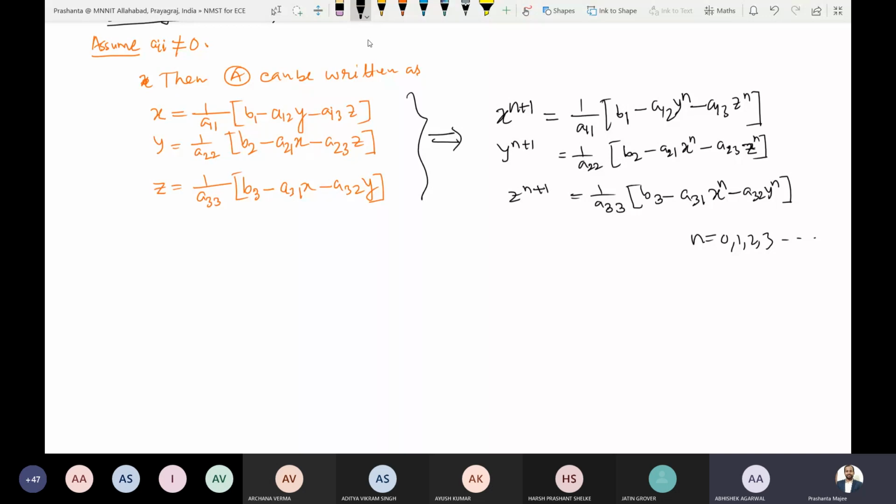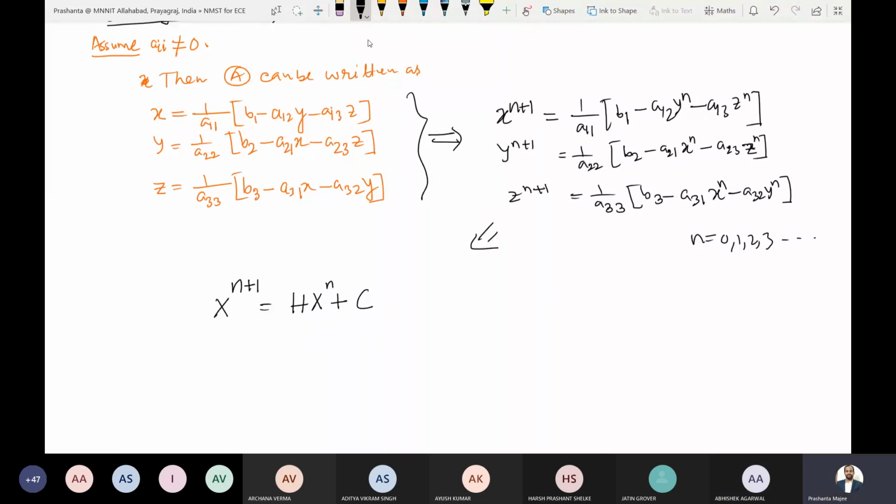If you write this system in matrix form, that will be capital X power n plus 1 equals some matrix H into X power n plus some constant matrix C.